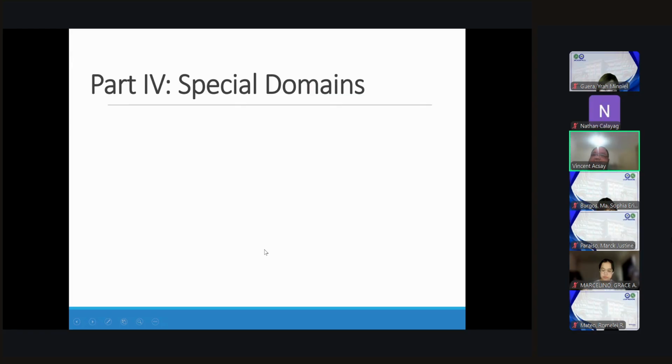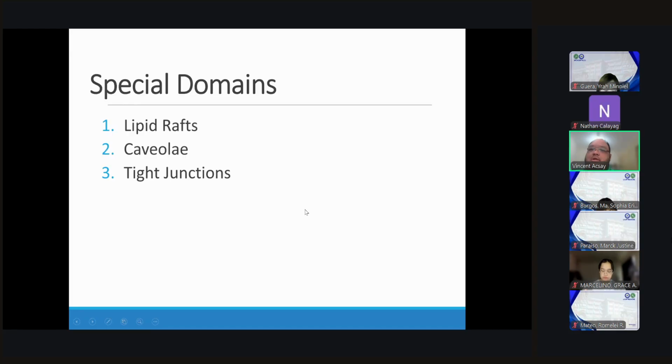Next, we'll talk about the special domains of your membrane. There are just three to discuss: your lipid rafts, your caveolae, and tight junctions.